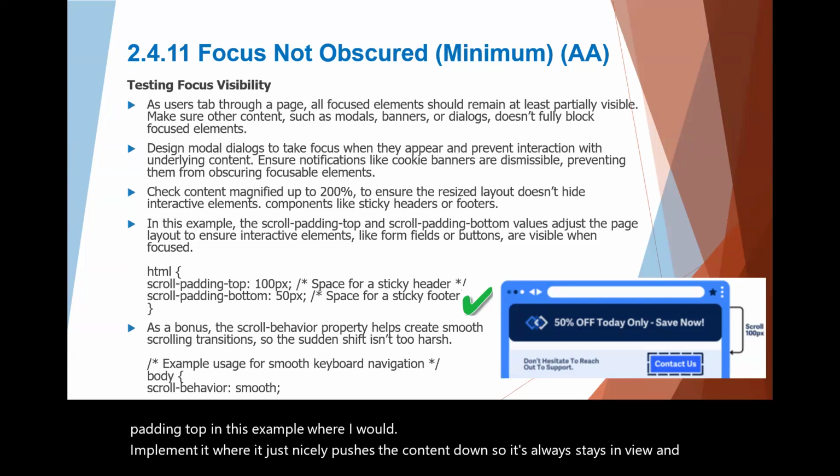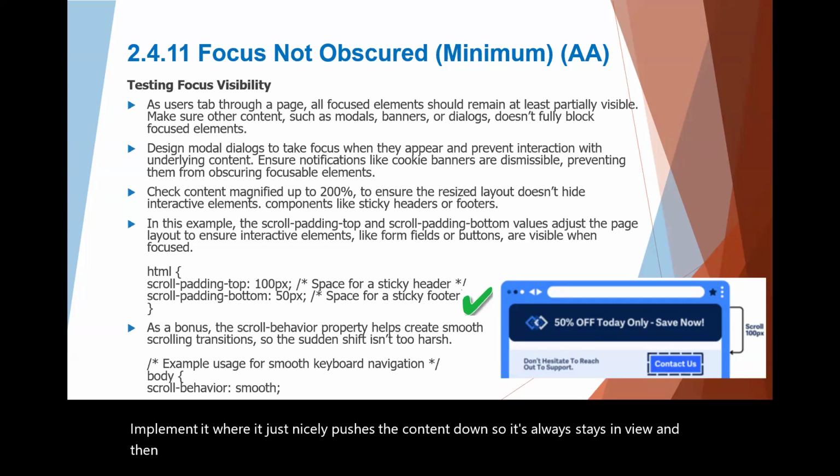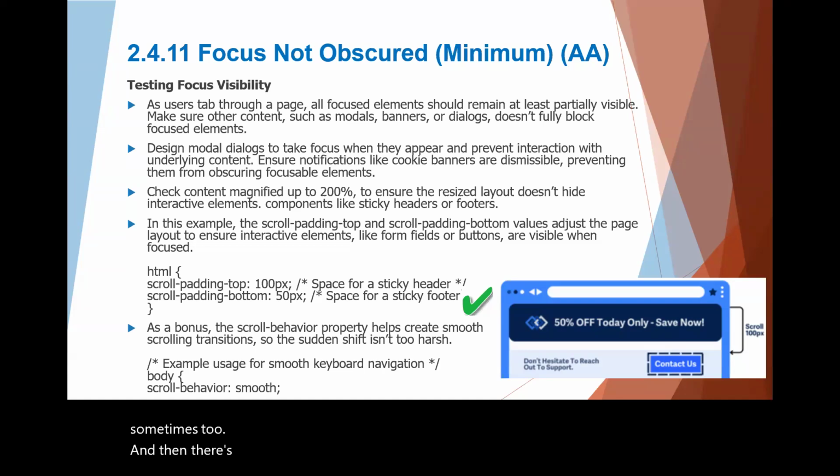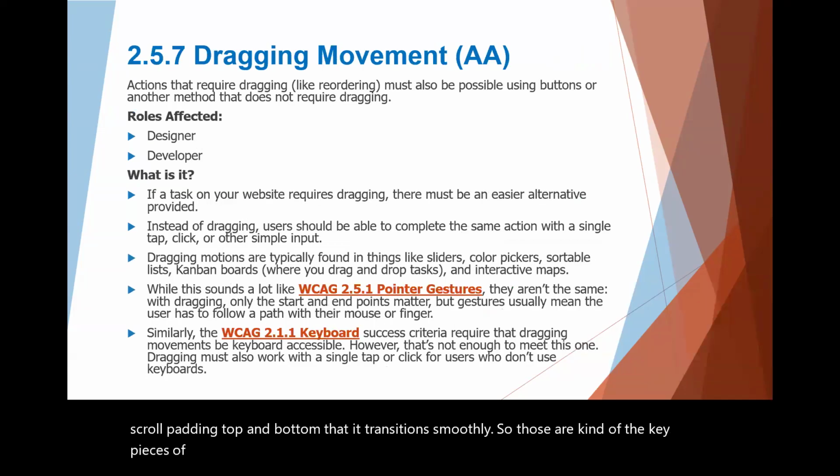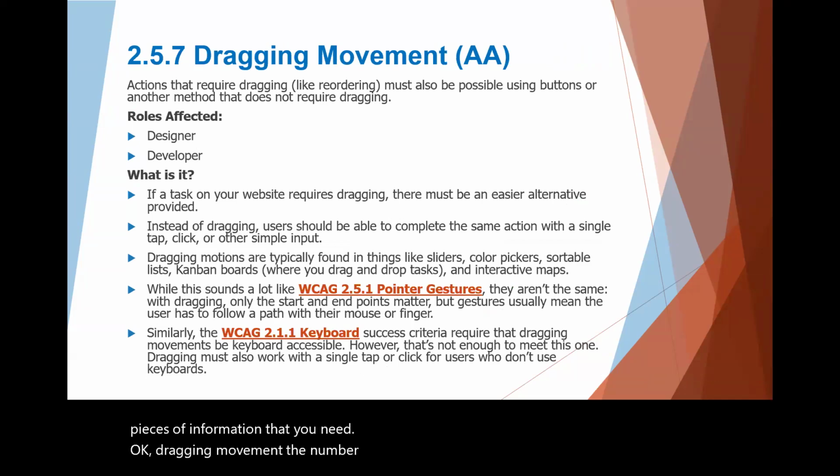And then scroll padding bottom as well, for if you had a sticky footer, which I see sometimes too. And then there's an additional piece of CSS where, as you're scrolling and using the scroll padding top and bottom, it transitions smoothly. So those are the key pieces of information that you need. Okay, dragging movement, the number 2, this is the next one.